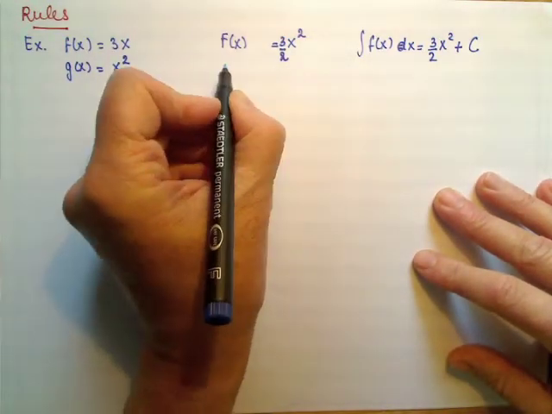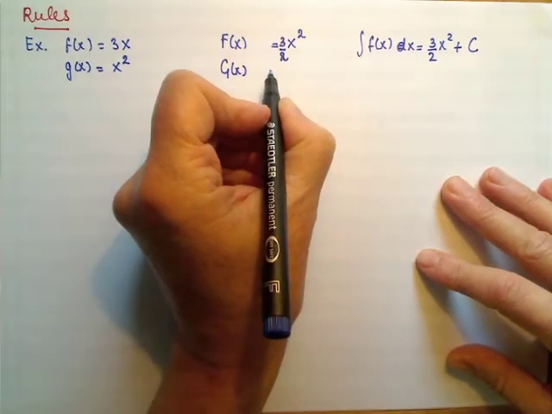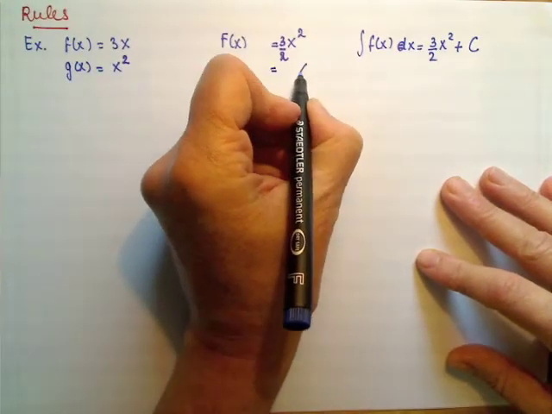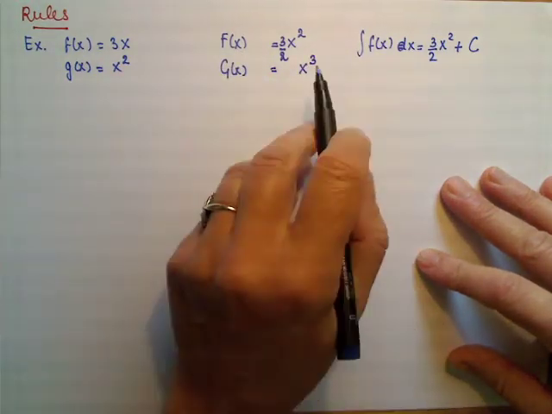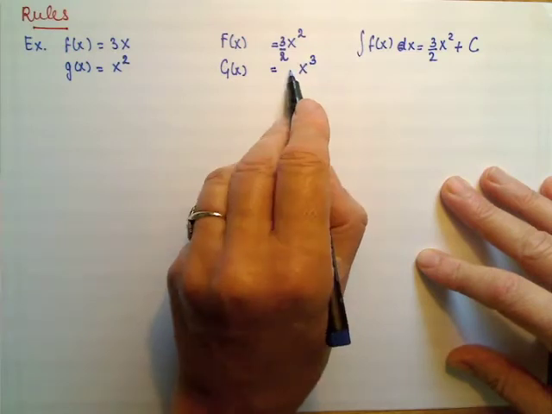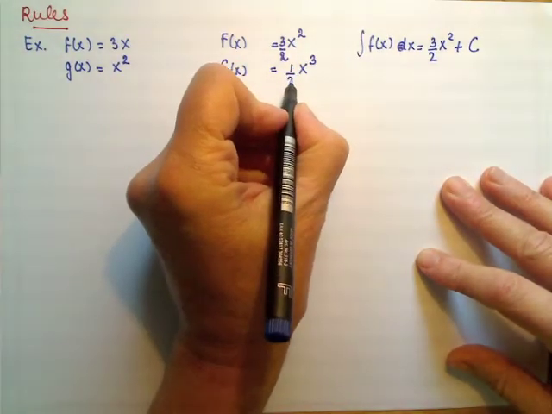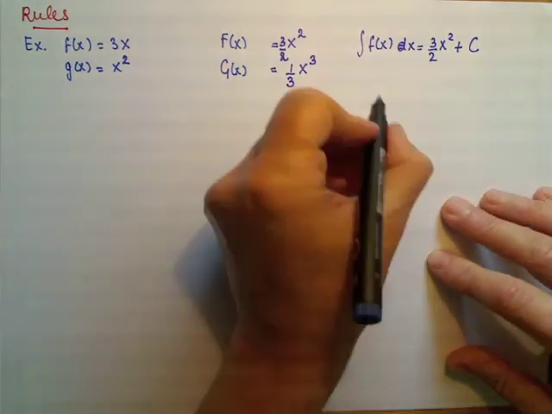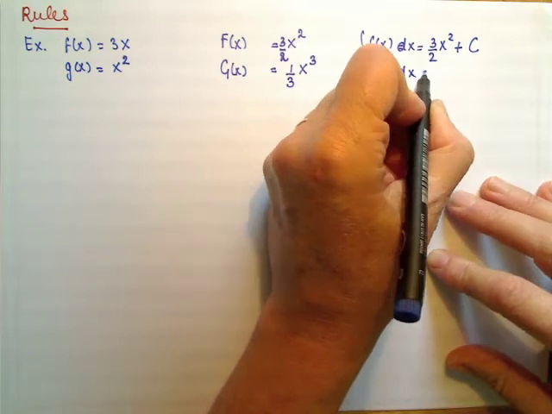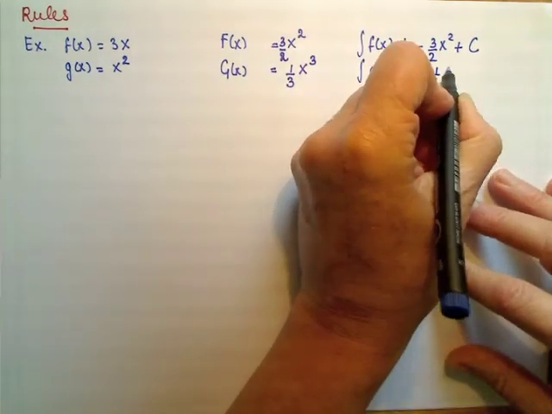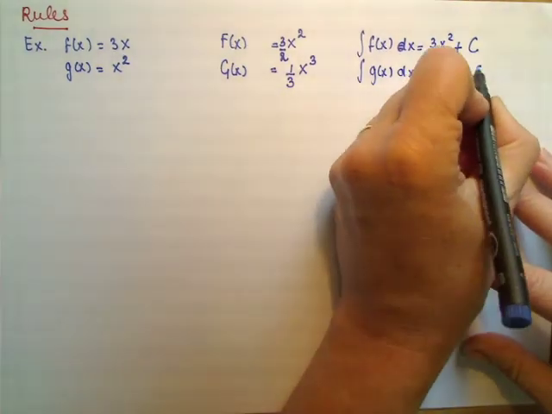So let us write this primitive by capital G. It should have a factor x to the power 3. If we differentiate, we get a factor 3 in front. We have a factor 1, so we have to multiply by 1 over 3, and then we get the right thing. Of course, if we list the collection of all primitives, then we get this one primitive, 1 over 3 multiplied by x to the power 3, plus an arbitrary constant c.